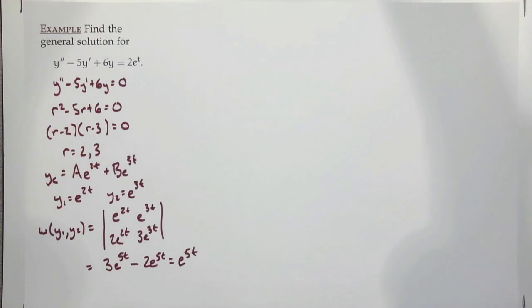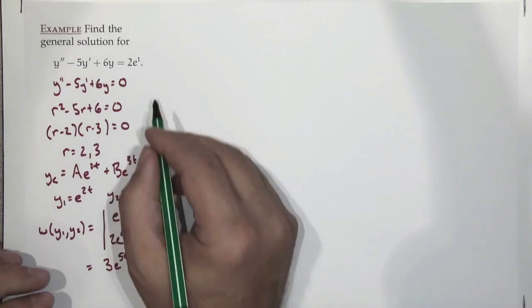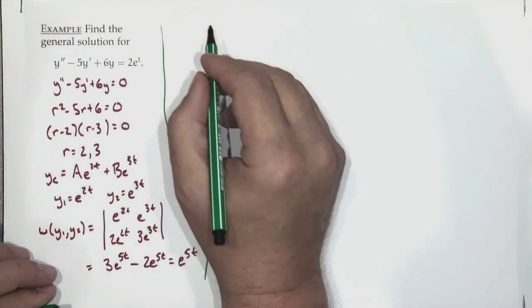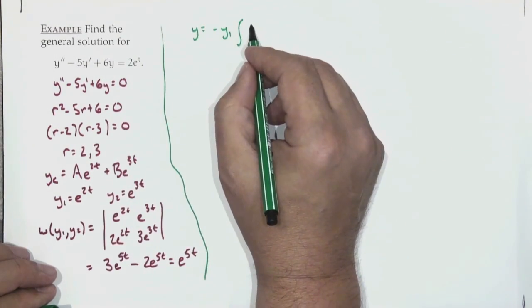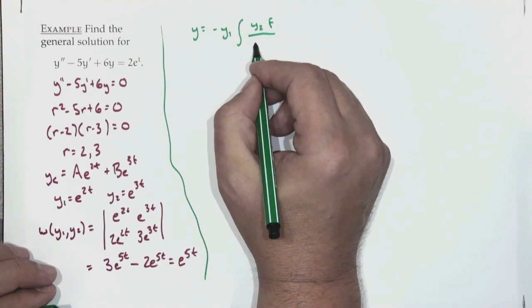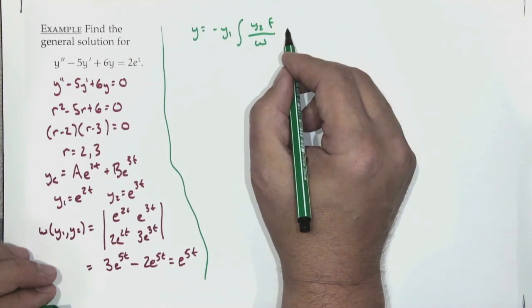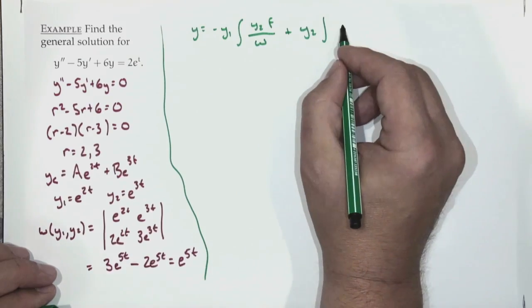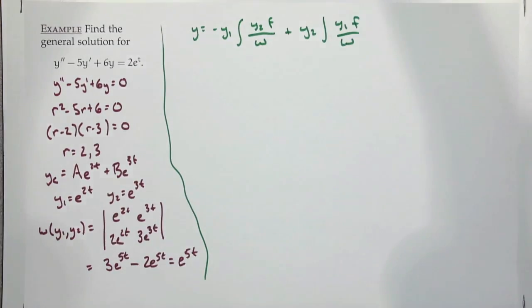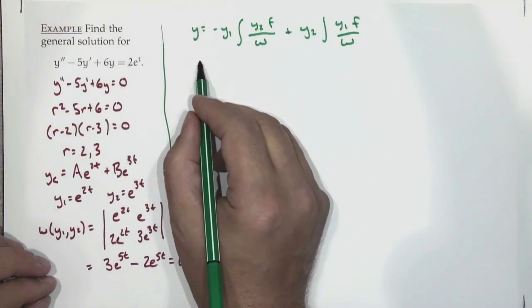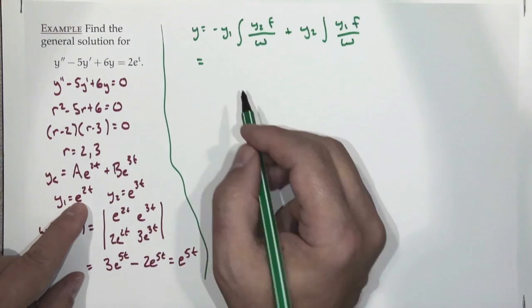All right. Now, at this point, we make sure we have our formula sheet handy, and we write down our formula. So we have minus y1 integral y2 f over, I'll just put W for Wronskian, plus y2 integral y1 f over Wronskian. This is just shorthand. Okay, so for us, we just put in what the pieces are.